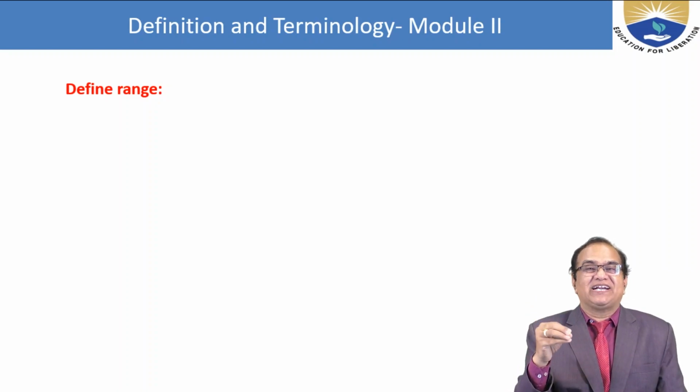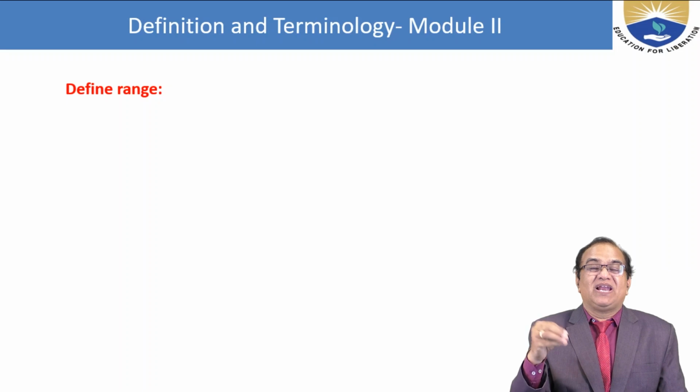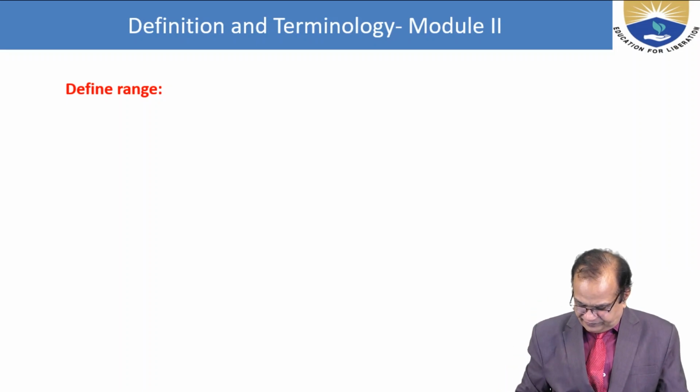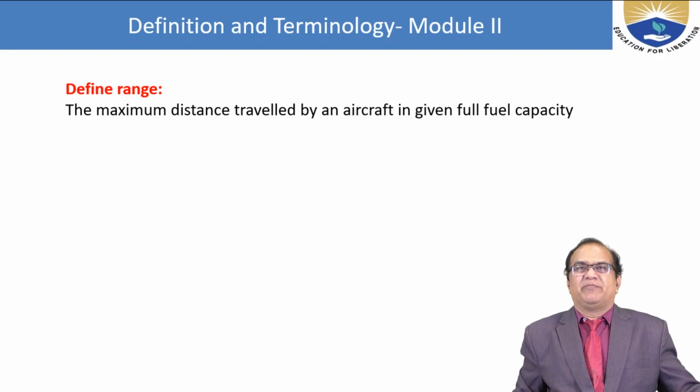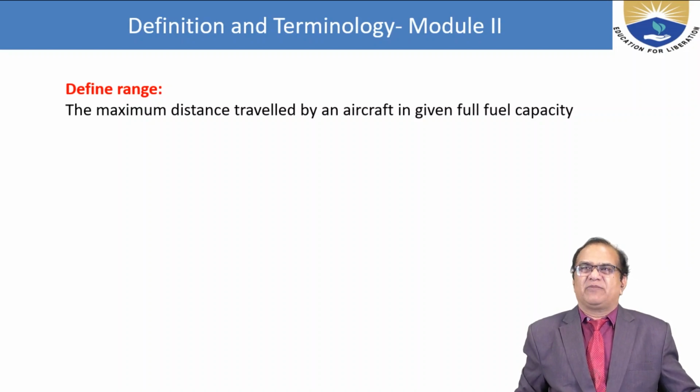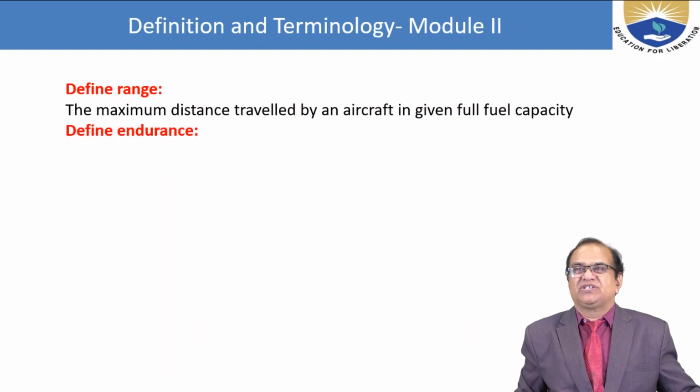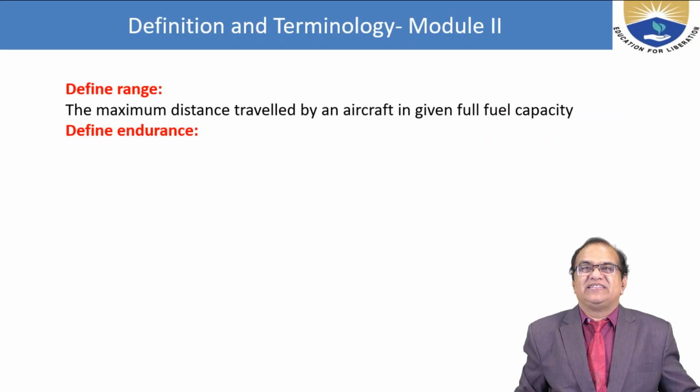That is the speed at which the pilot has to fly to cover the maximum range. So, range is the maximum distance traveled by an airplane with a given full fuel capacity. If your aircraft has full fuel, how much distance it can travel is the definition of range.